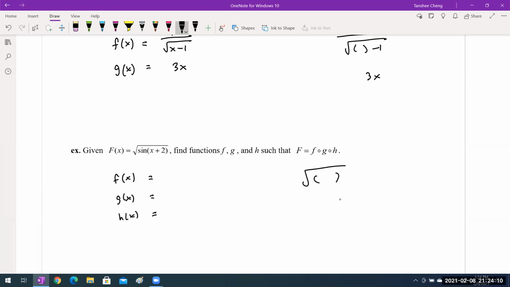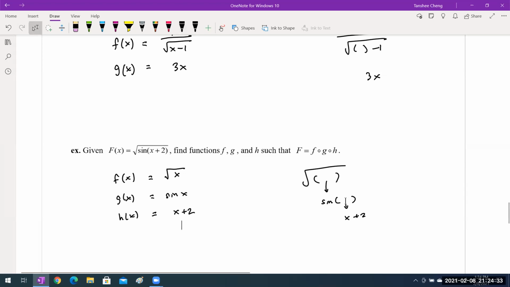And the next is what's inside this input, I have sine of input. And the last input is x plus 2. So therefore, the most outer function will be square root of x. The next inner is sine of x. And the last one is x plus 2. And that is the decomposition of this function.